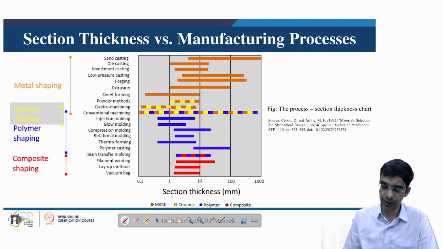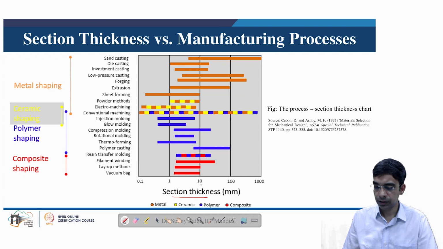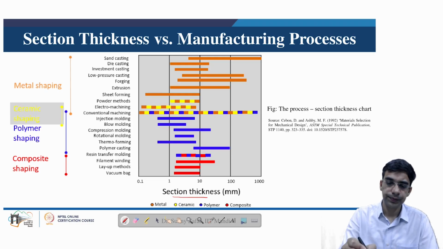Of course, their section thickness will also be much higher, from about 1 millimeter up to maybe 1000 millimeters. Then we have all other processes like sheet forming and so on, where the thickness of the sheet is much smaller, so their section thickness is 0.1 up to say 10 millimeters, and all other processes are shown as mentioned in this chart.